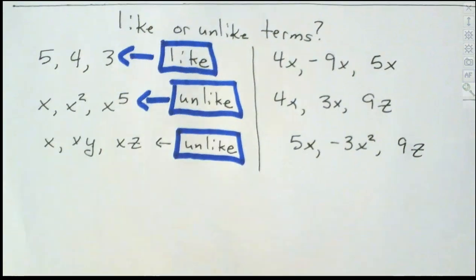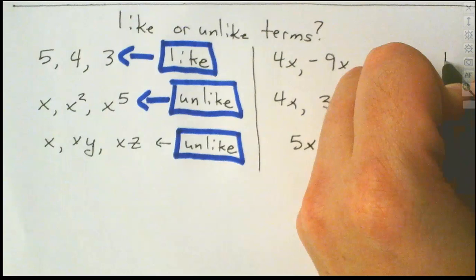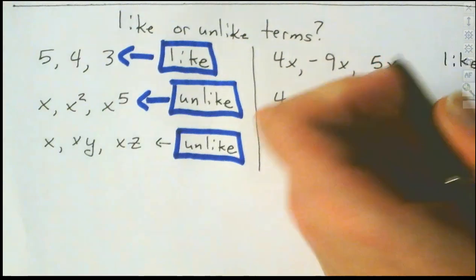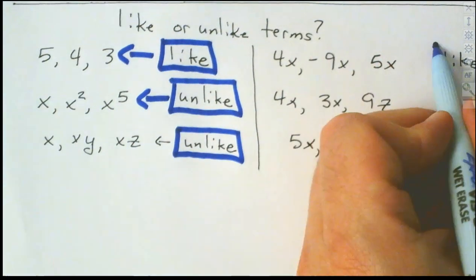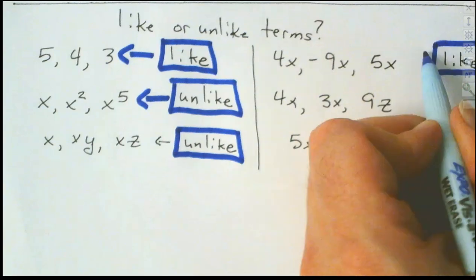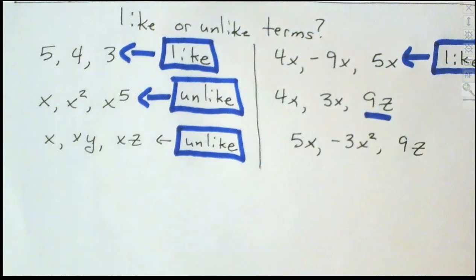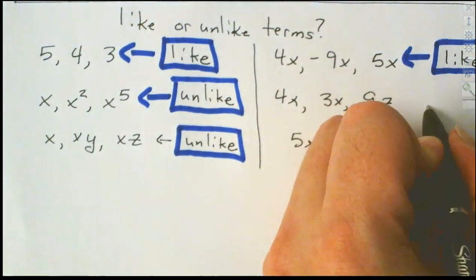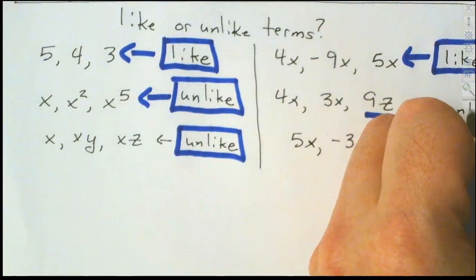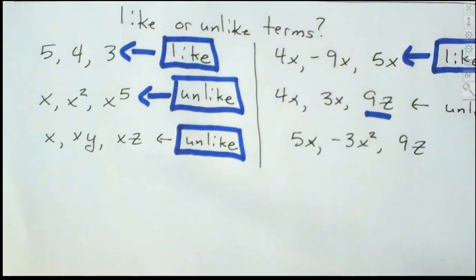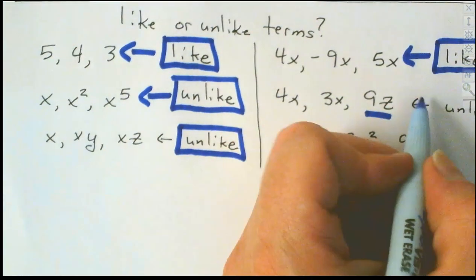The next one, see, these are all just x's, right? So those could be combined together, and those are called like terms. Those are unlike because that's z. So those are going to be unlike terms there because that's z.